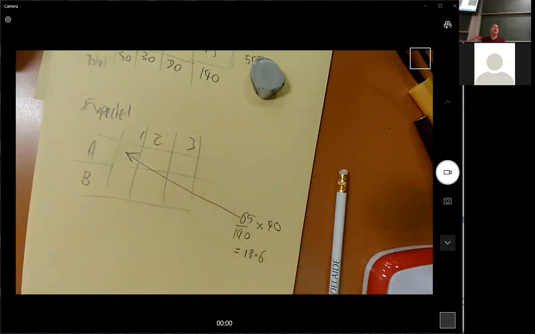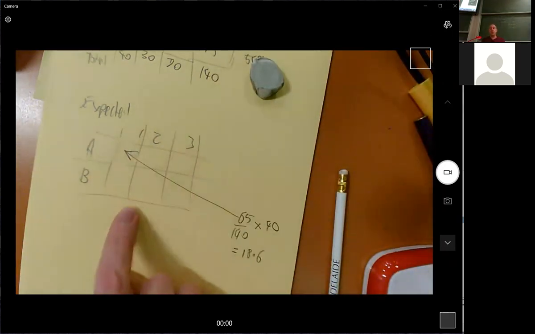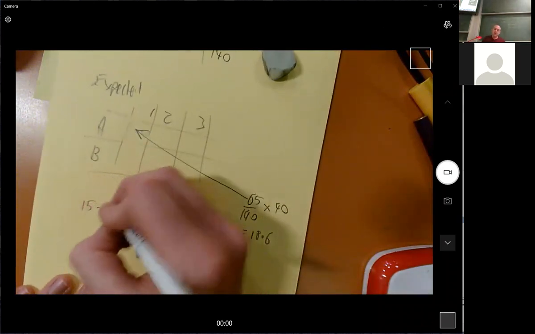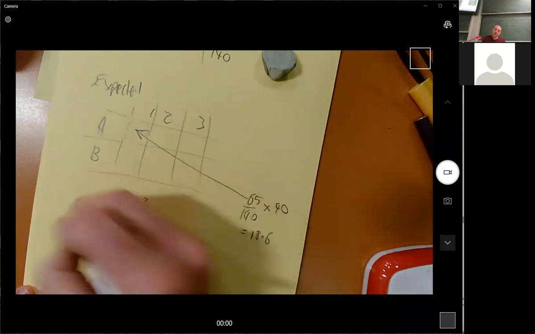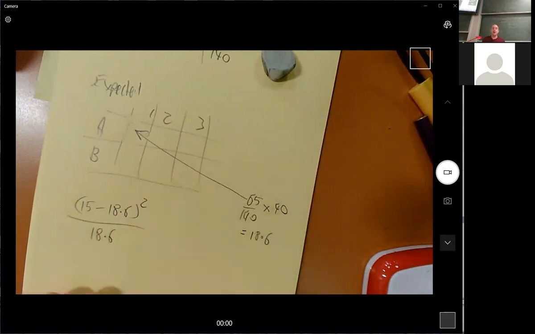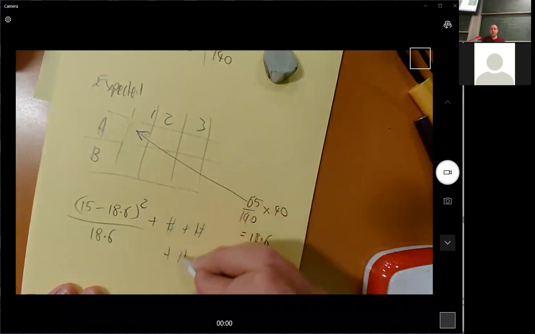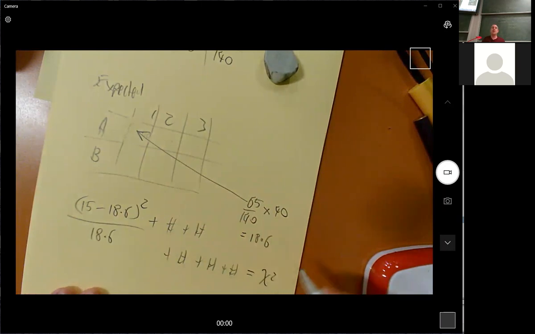It'll always work out to the right answer, but I can never remember that formula, but I can remember this percentage thing. So you do all of those, and once you've figured out what all those numbers are, then you do observed minus expected, squared, divided by expected. And you do that for every box and you add them all up. And that is your chi-squared statistic.